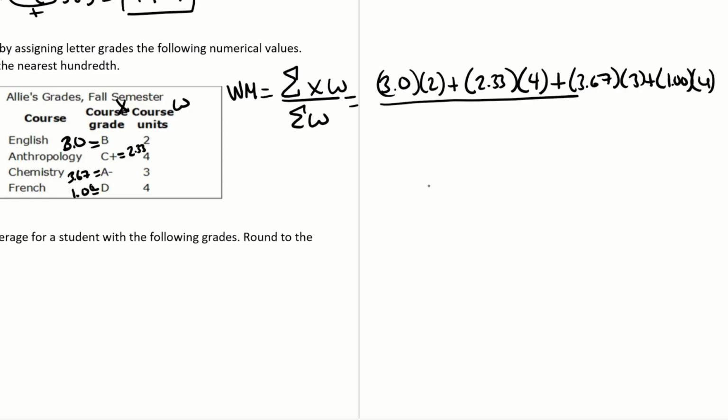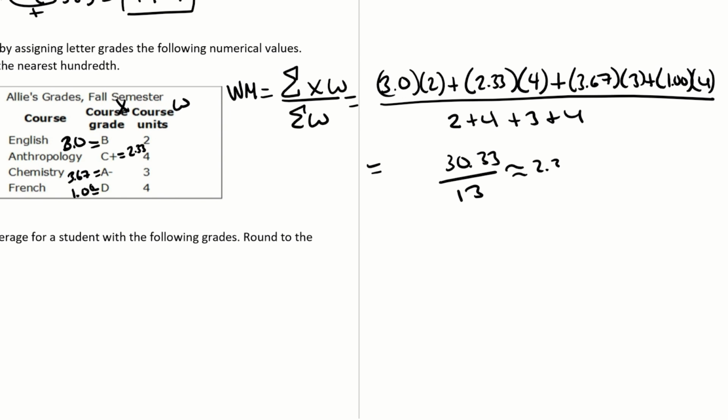Then we divide that by the weights added together, 2 plus 4 plus 3 plus 4. Now we do the math. We get about 30.33 on the top, and there are 13 units on the bottom. So that gives us 2.33 for the GPA.